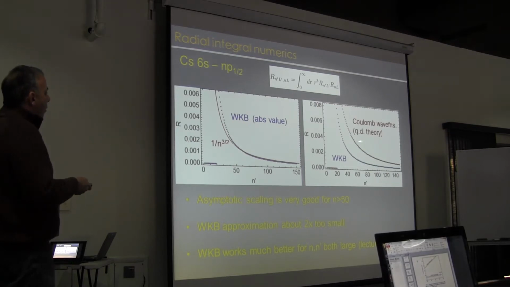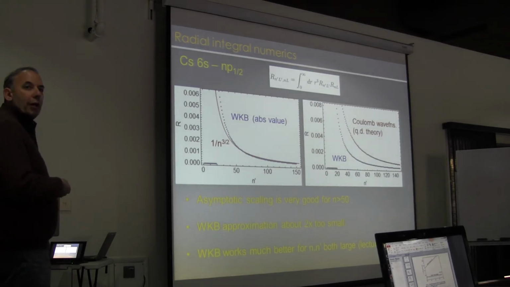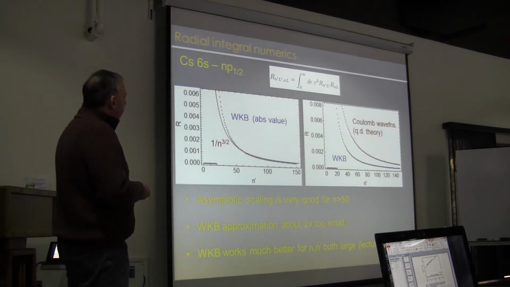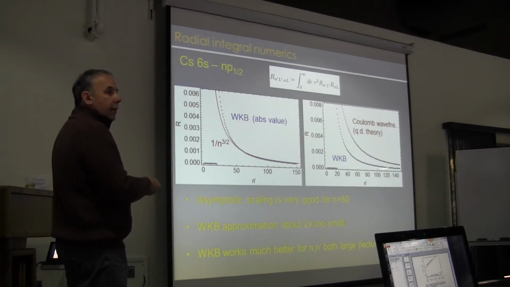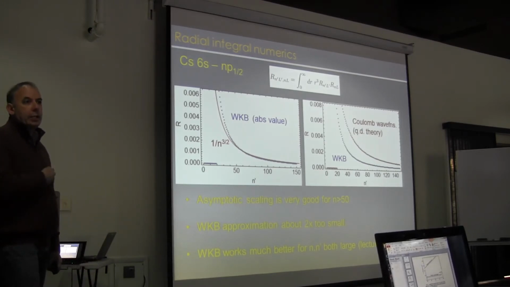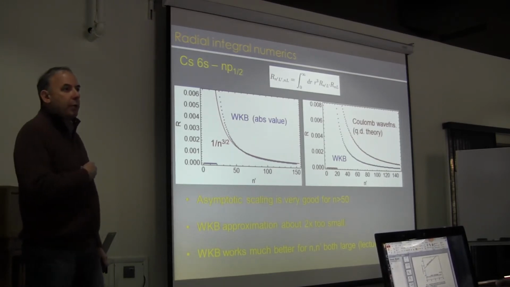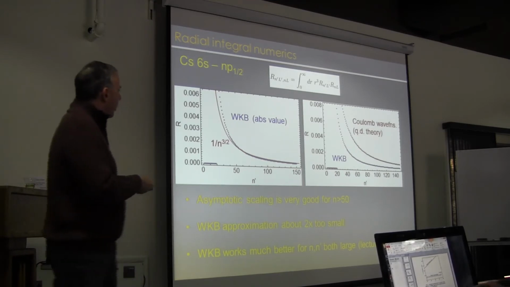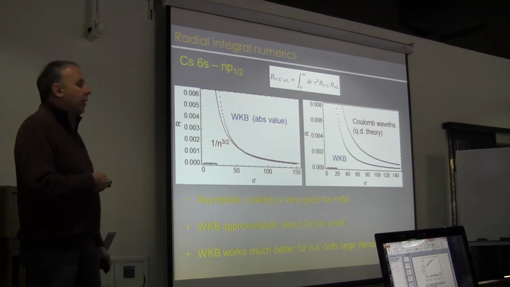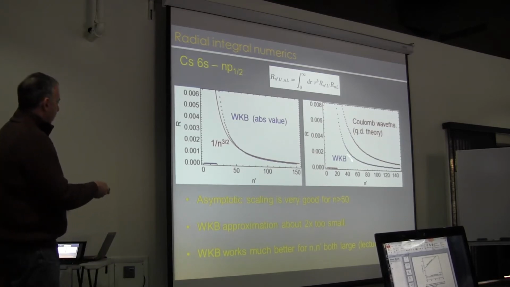How do I know that this red calculation is correct and the blue one is wrong? Well, that might be hard to be sure about, but my belief that the red calculation is correct is based on experiment. We've measured these rates in controlled experiments and have been able to reach agreement with this red curve to about 5 to 10%. So that tells me it's more accurate than the WKB.